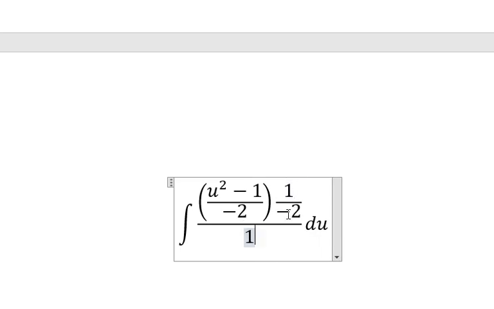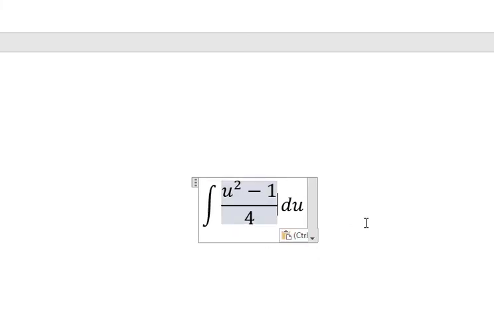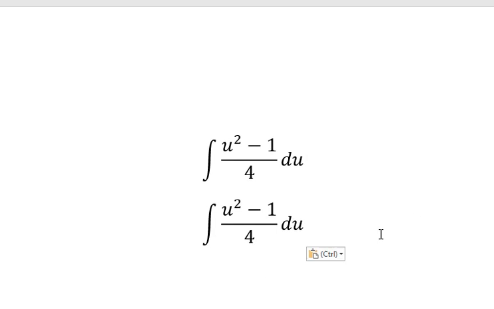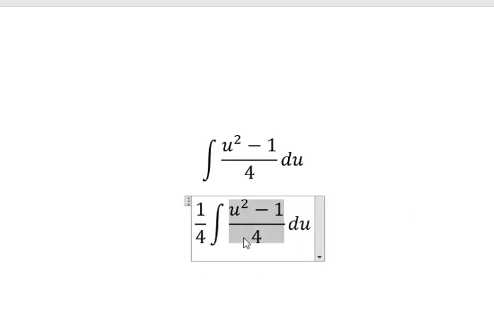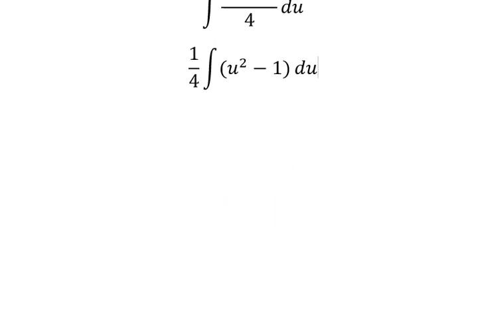Negative number 2, negative number 2, we have positive number 4. And now I will put number 4 go outside. And now we have the final answer.